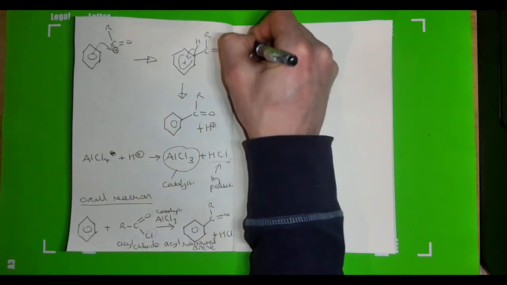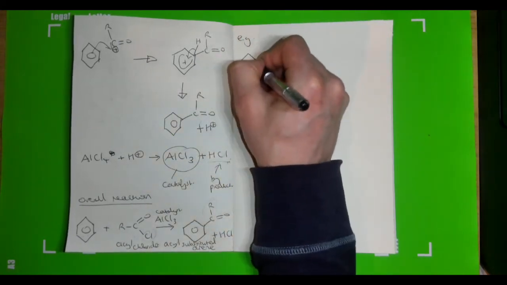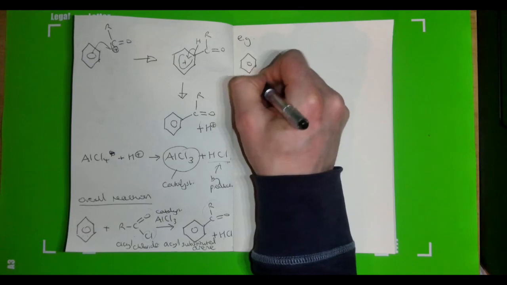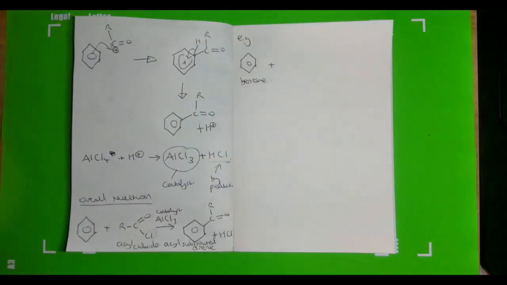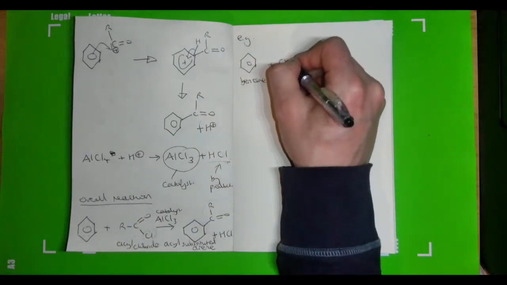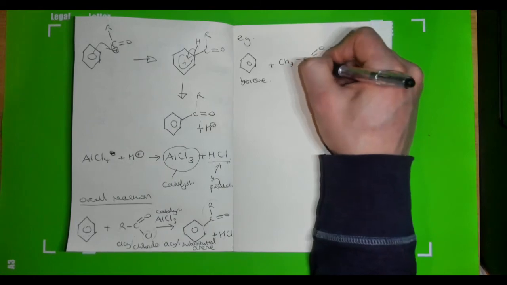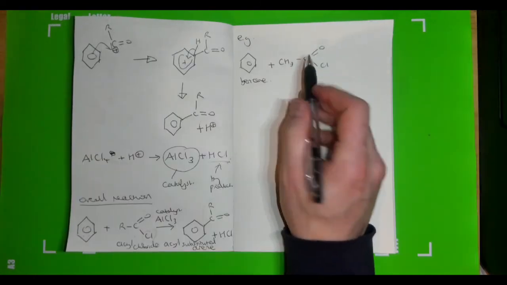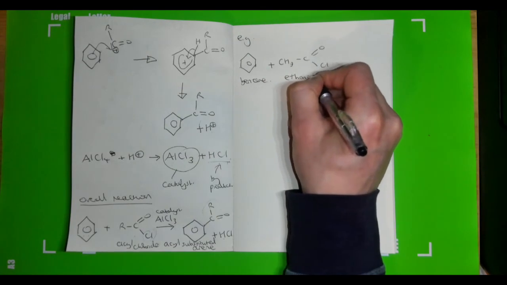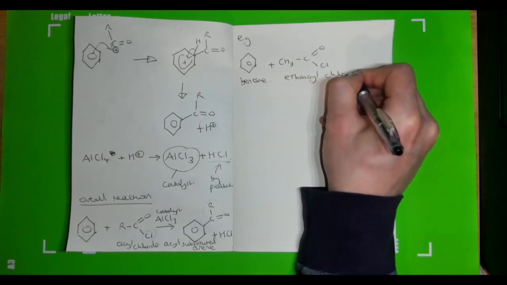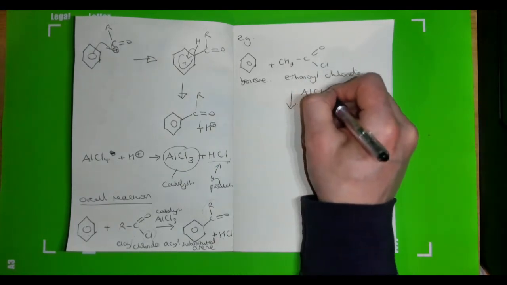So for example, if you've got something like benzene, we have an acyl chloride. So let's name this. This has got 2 carbons, so this would be ethanoyl chloride. And we take our aluminium chloride catalyst.